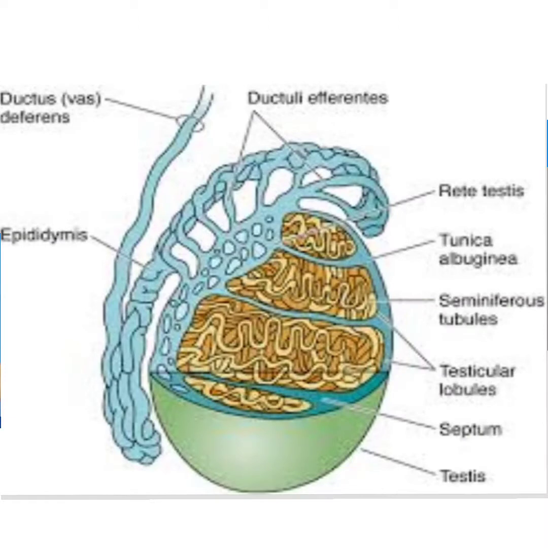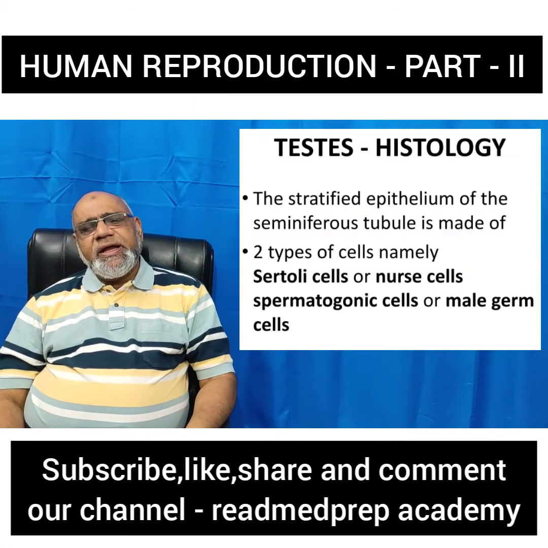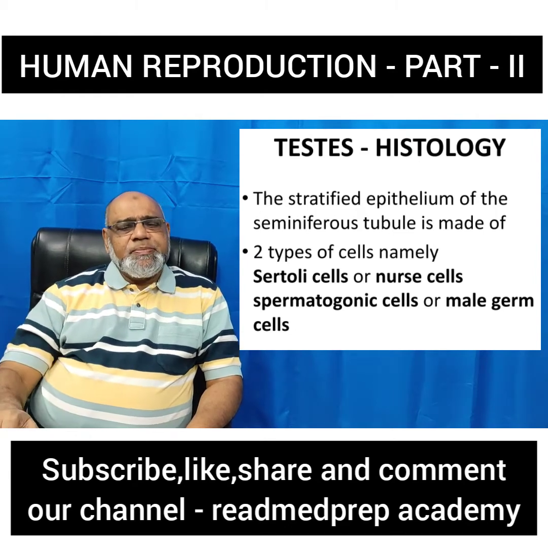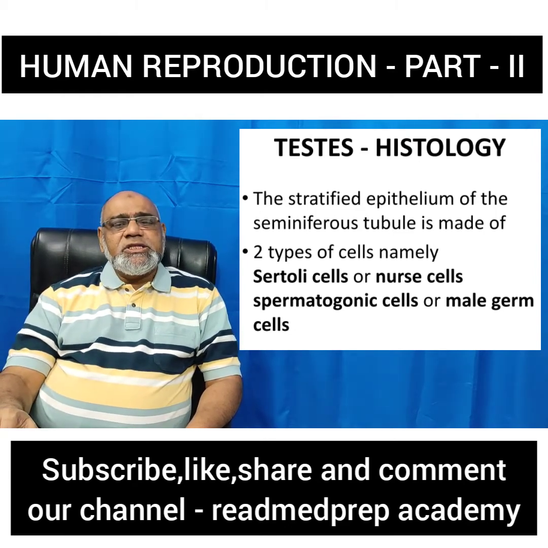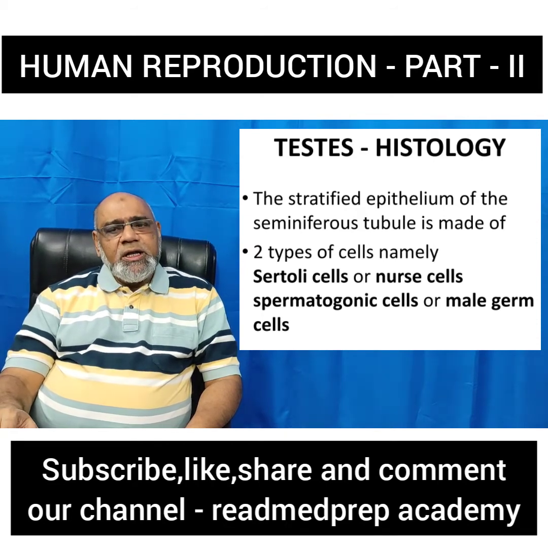If you take a section of the testis, you can see that the lobules are separated by septa, and the stratified epithelium of the seminiferous tubules is present, which is called the germinal layer, which is responsible for the production of the sperms.